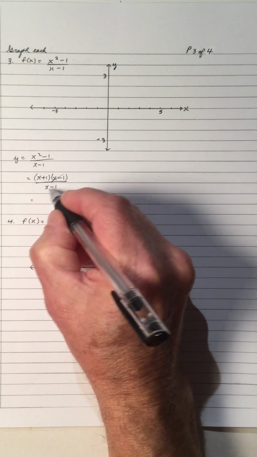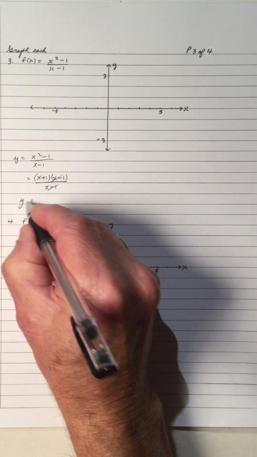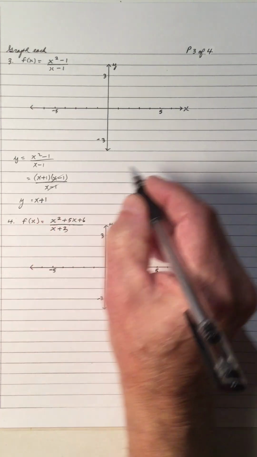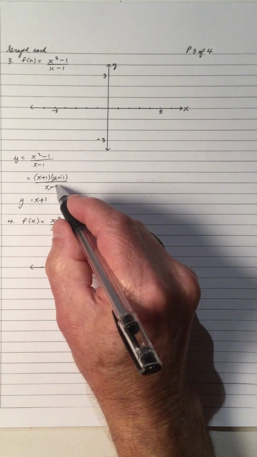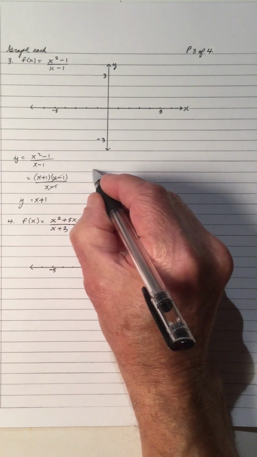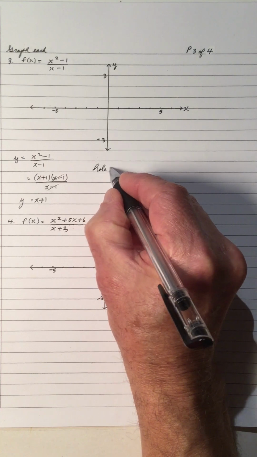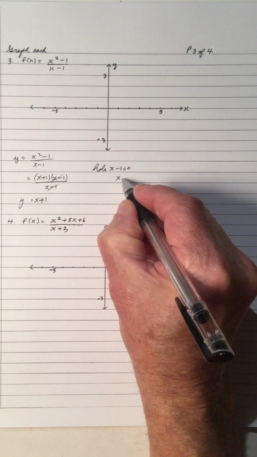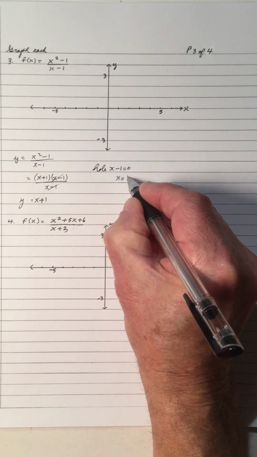So the x minus 1 cancels out, and I get y equals x plus 1. Because the x minus 1 cancels out, we have a hole when x minus 1 equals 0, so we have a hole when x is 1.